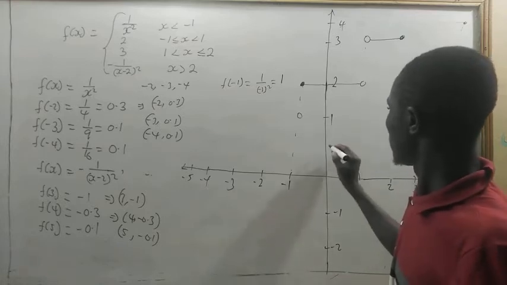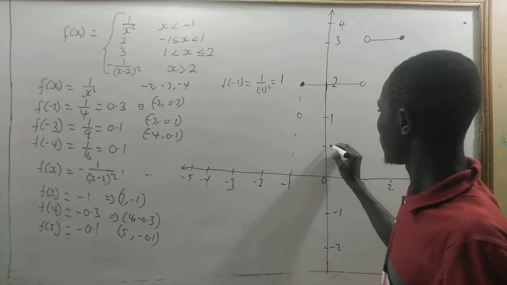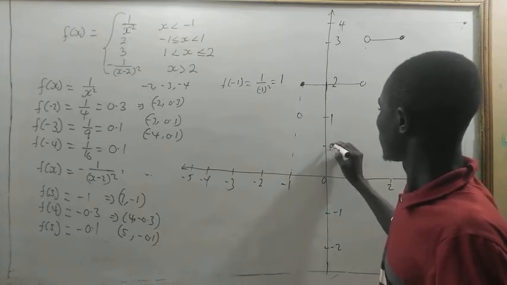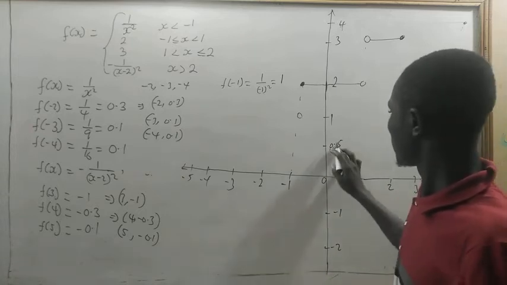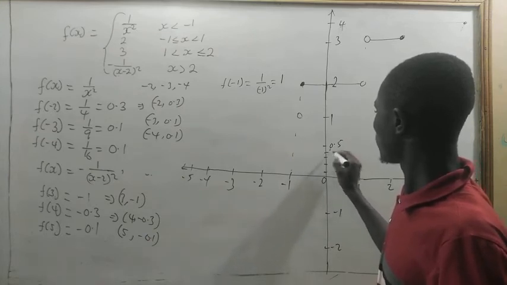Okay. So we look at negative 2. Let's put the 0 here, and let's say that this is 0.5. So 0.1, 0.2, 0.3, 0.4.